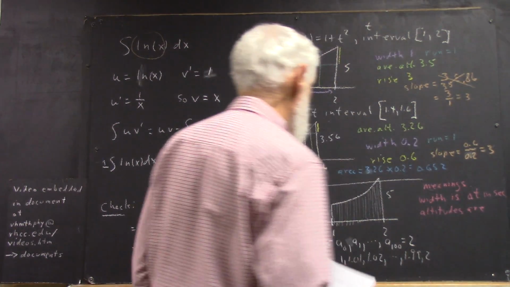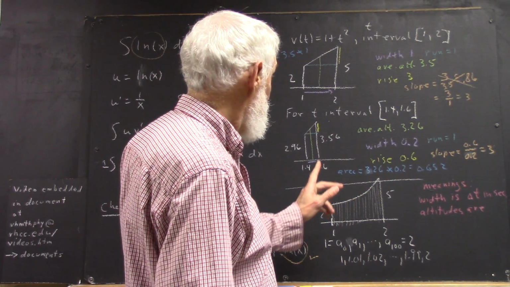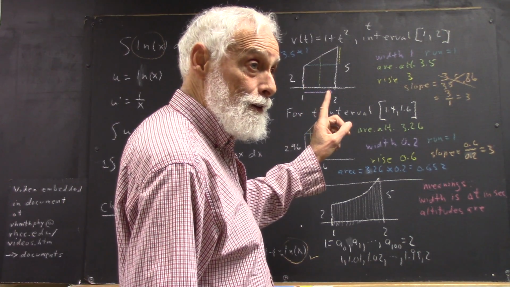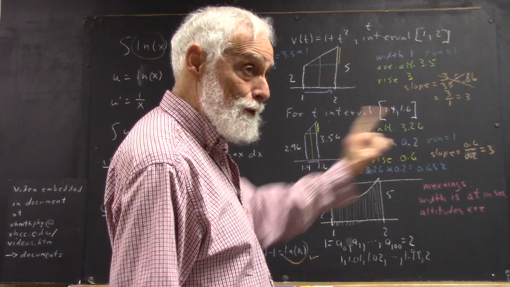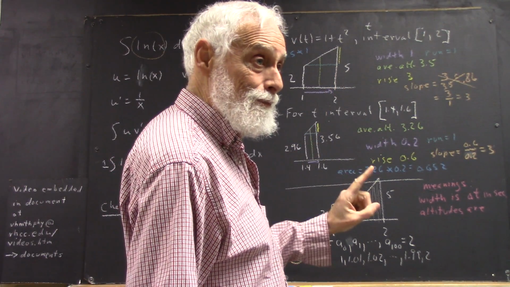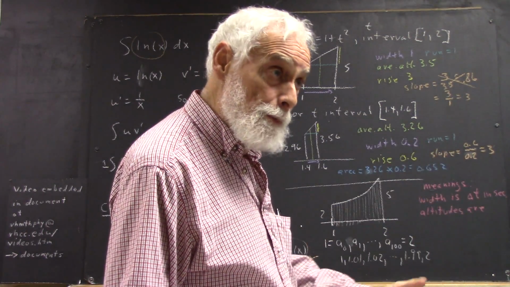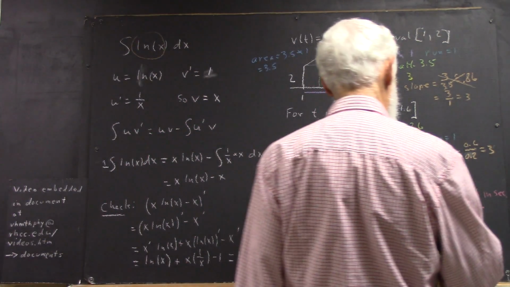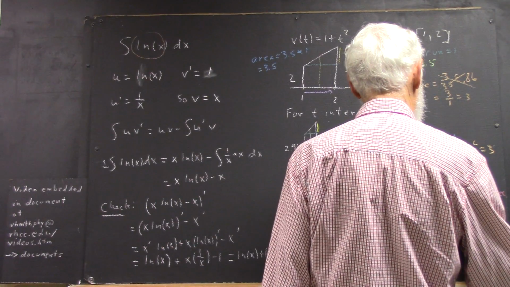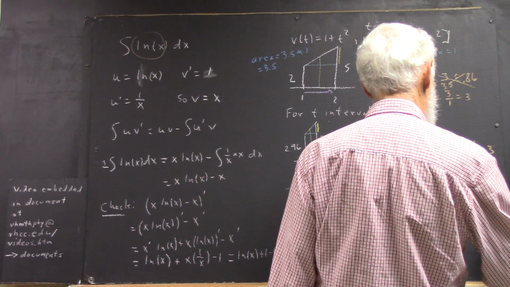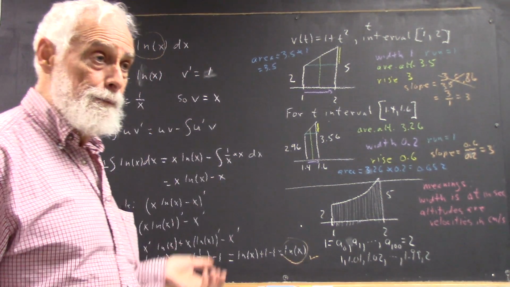Altitudes are, well, on a graph of V versus T, what are you measuring in this direction? T's in this direction. What's in this direction? V. And V is velocity in centimeters per second. Okay, so what do slopes represent?